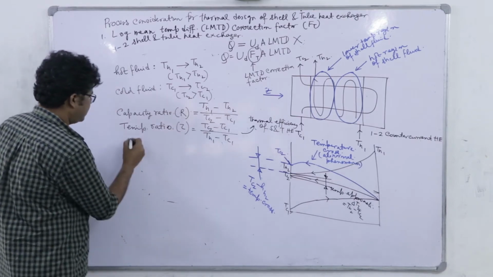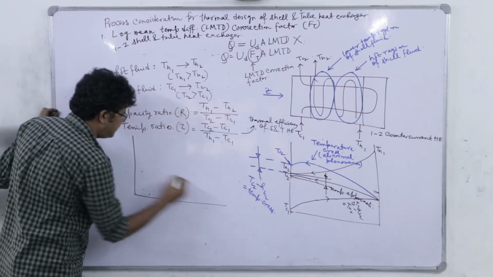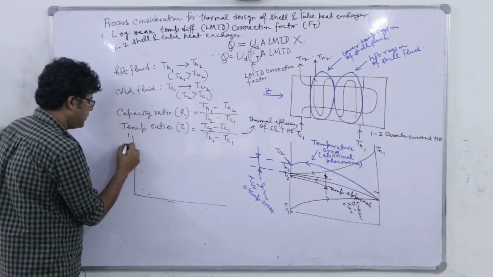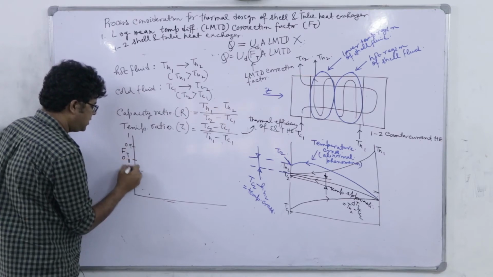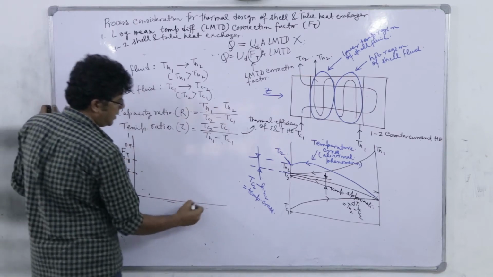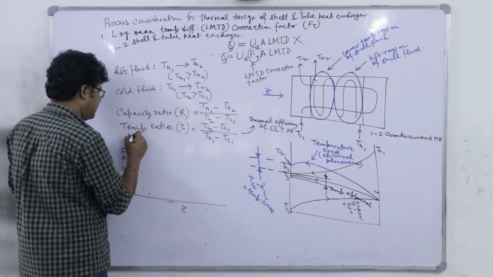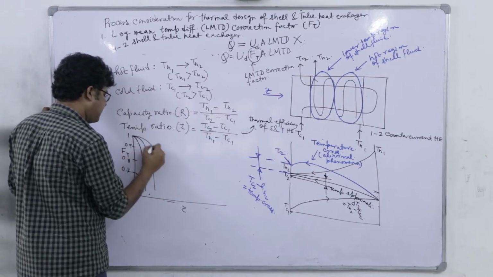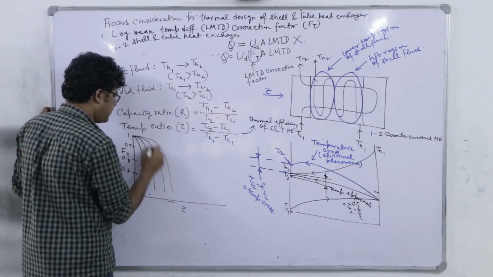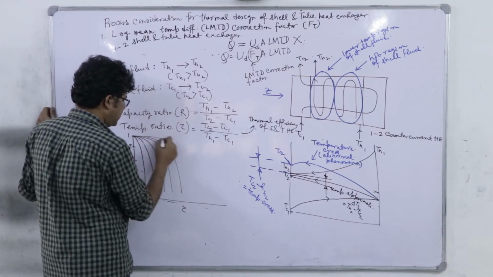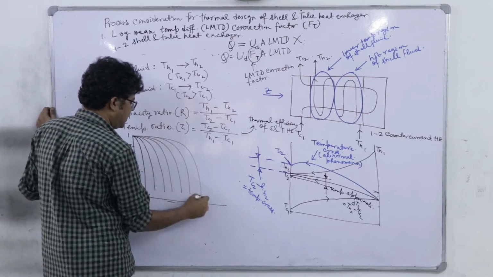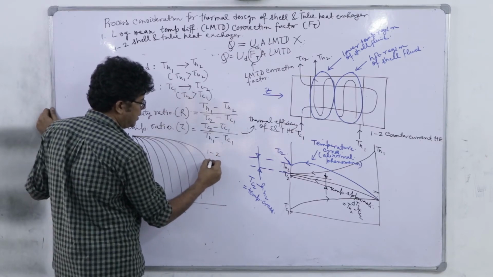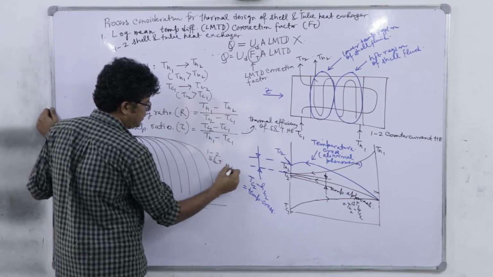Ft will be 1 here, then 0.9, 0.8, 0.7, etc., and here we have tau, and the graph looks like this for different values of R. This is for a specific type of heat exchanger, a 1-2 shell and tube heat exchanger.